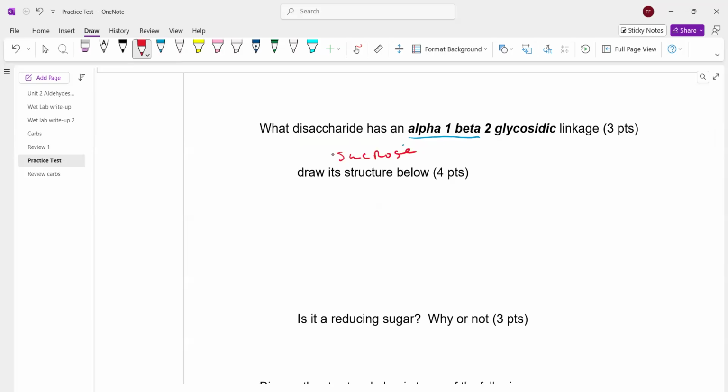Draw the structure below. Okay, so the top part is going to be glucose. And we have fructose.